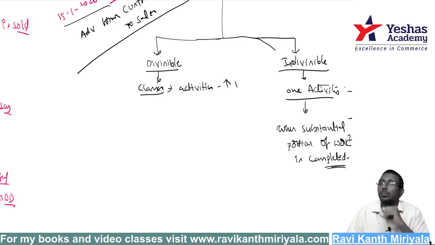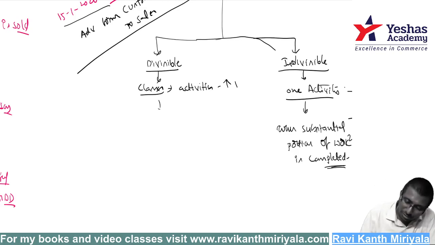Suppose we are supposed to do some painting job and we did one floor. Can I ask the customer, I have already done one floor, so much square feet of work completed, pay me my money? Do I have the right to ask him even though I have not completed 100% of the painting? Since I already did 40% of the job, can I ask or not? Yes, you can ask him.